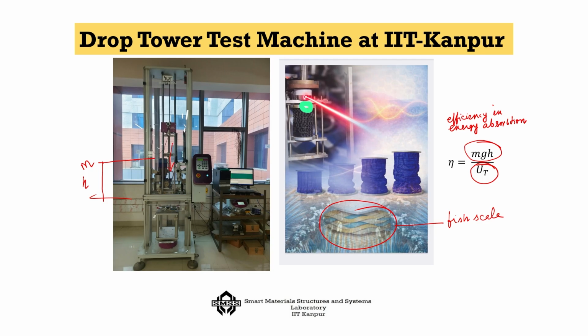Their clubs are made of this particular structure, which is very good for impact energy absorption. I will show you each one of them. Getting inspired by the structure, we can create what is known as a Bouligand structure, which is very good for impact energy absorption.